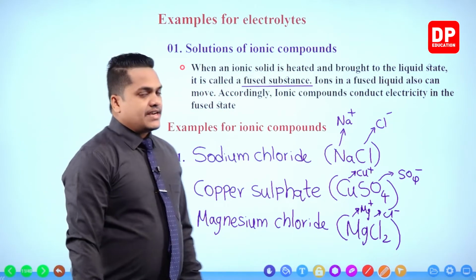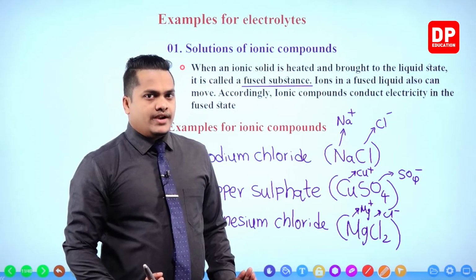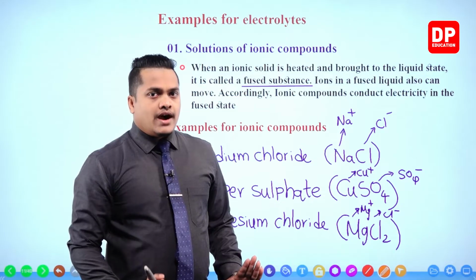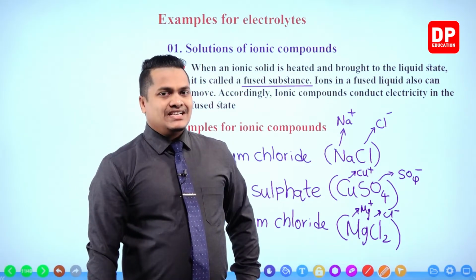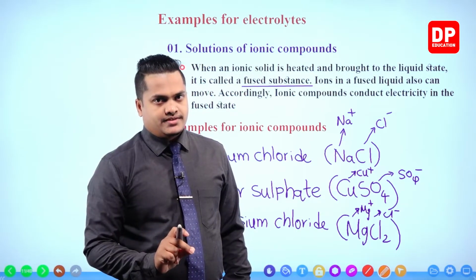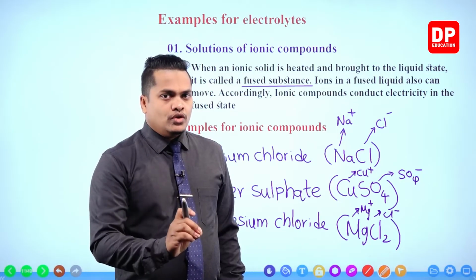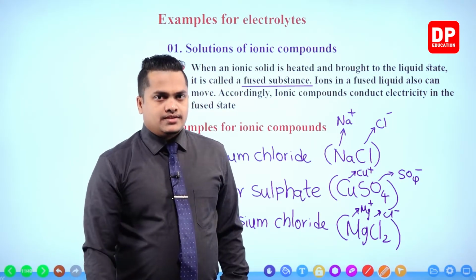This is how the ions are getting separated in a solution, only in a solution. Remember that, not in the solid state. Ionic compounds are present in solid state in our normal environmental conditions. You have to make solutions in order to separate their ions.